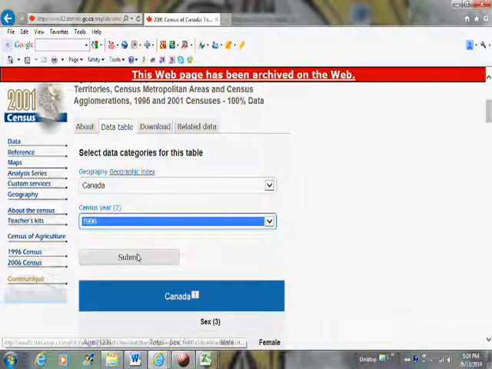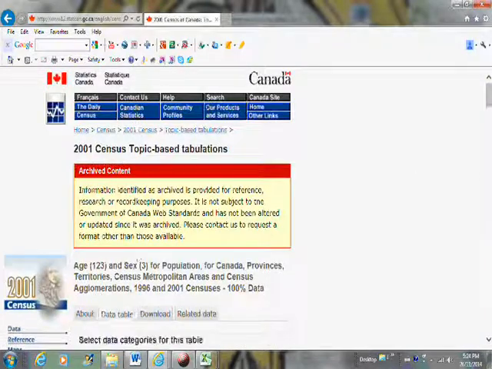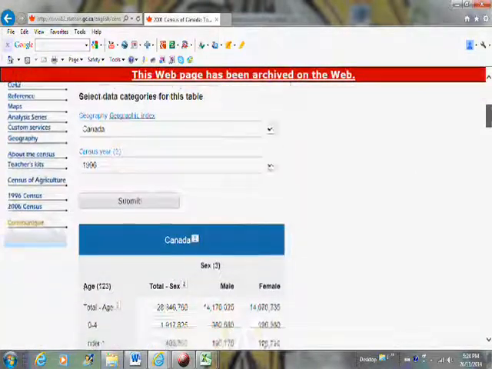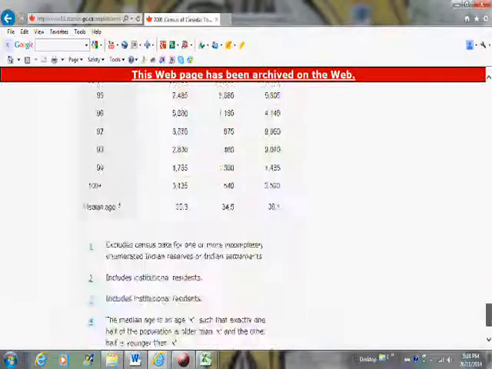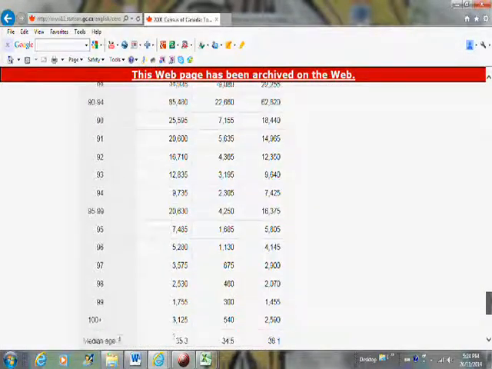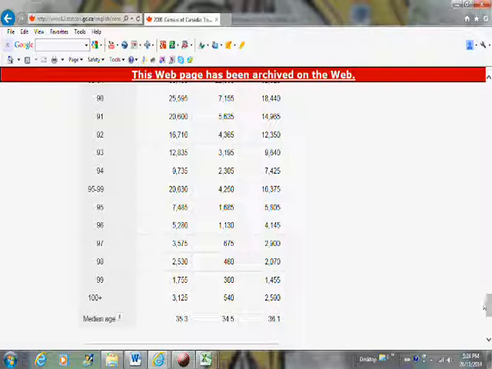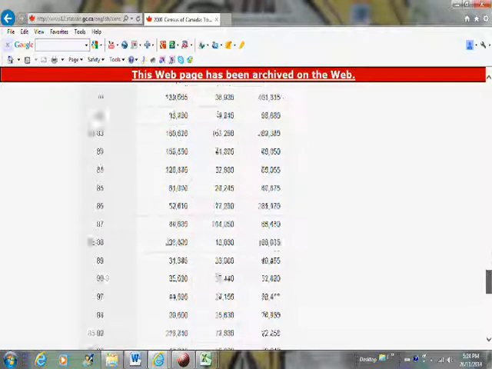We're going to keep Canada. We're going to submit. It's funny, yes. I submit here. So we have the breakouts all the way to 1995 to 99, plus as well as the 100-year-olds and over.